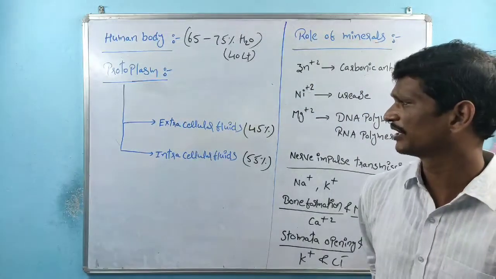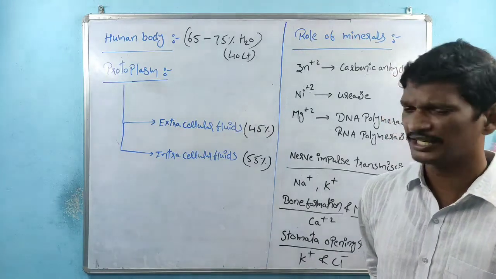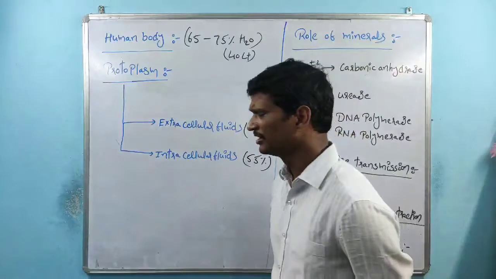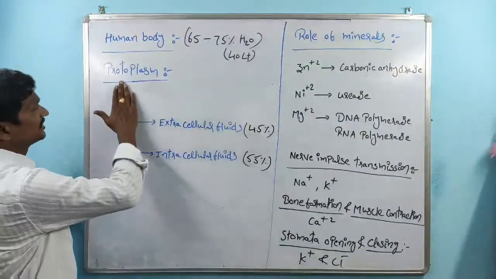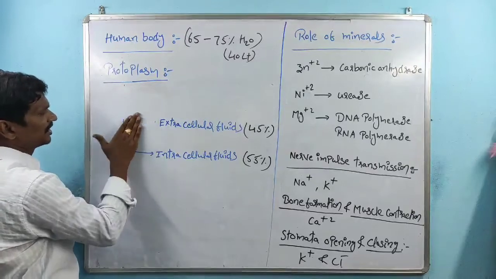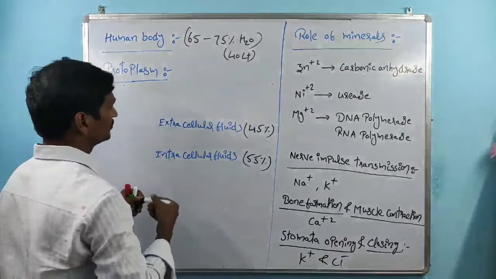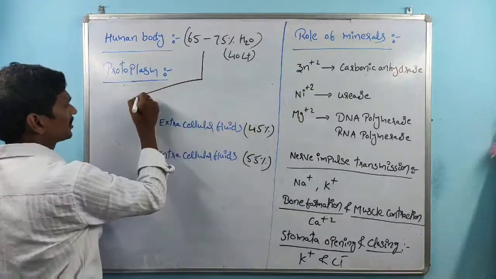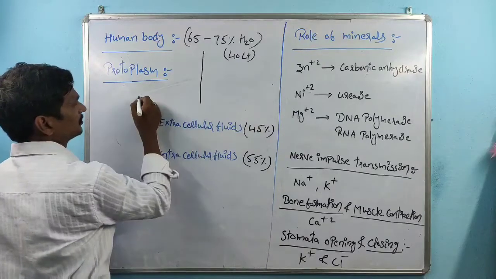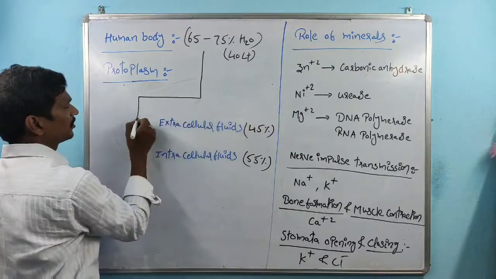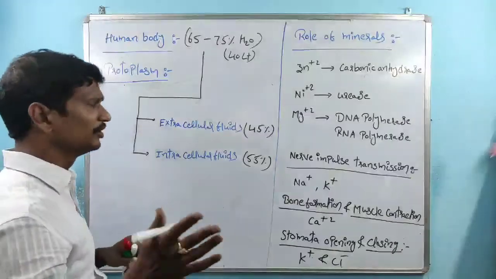Here, two types are there: extracellular fluids and intracellular fluids. This is the total water content, and the total water content can be divided into two parts.